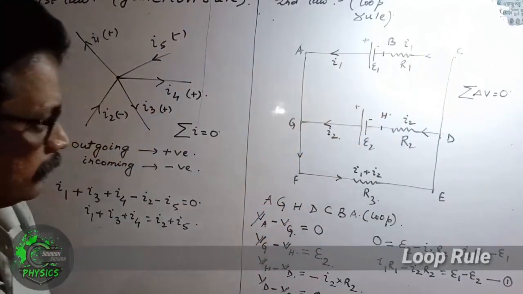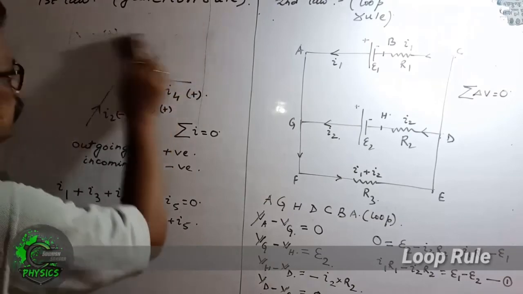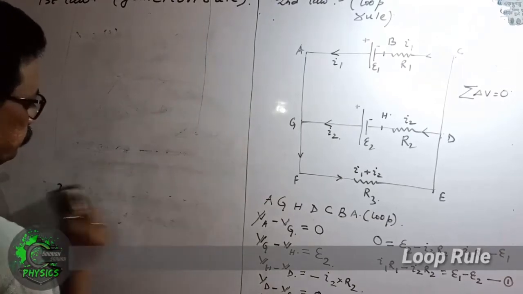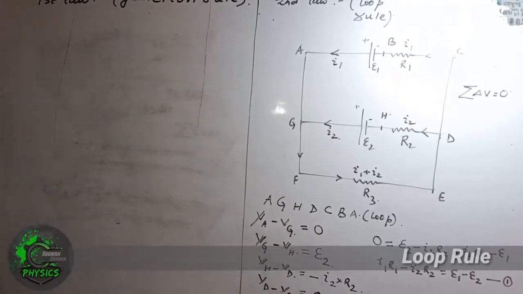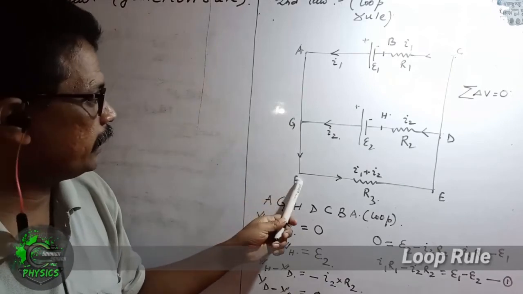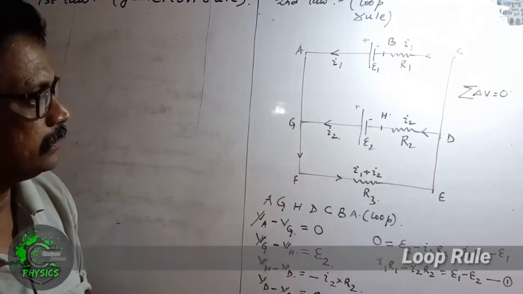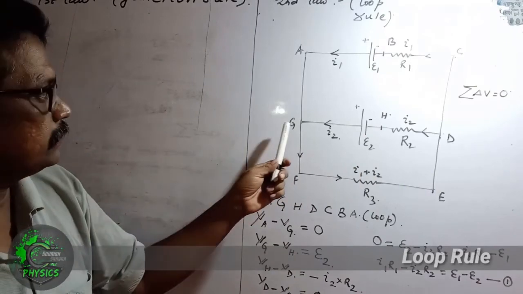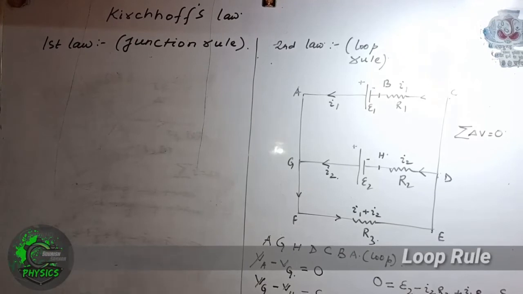In the same way, we can write another equation for the second loop. Now let us see how to write the equation for the second loop. The second loop is G, F, E, D, H, G. Suppose this path we are considering. You can also consider the reverse path; the result will be same.